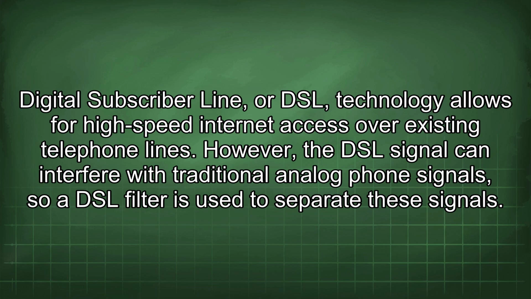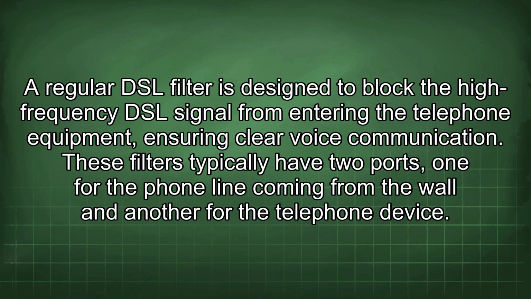However, the DSL signal can interfere with traditional analog phone signals, so a DSL filter is used to separate these signals. A regular DSL filter is designed to block the high-frequency DSL signal from entering the telephone equipment, ensuring clear voice communication. These filters typically have two ports, one for the phone line coming from the wall and another for the telephone device.